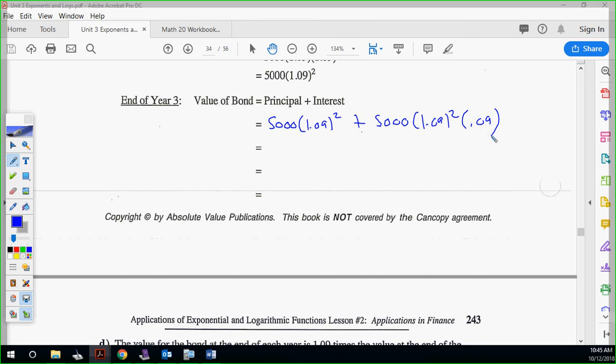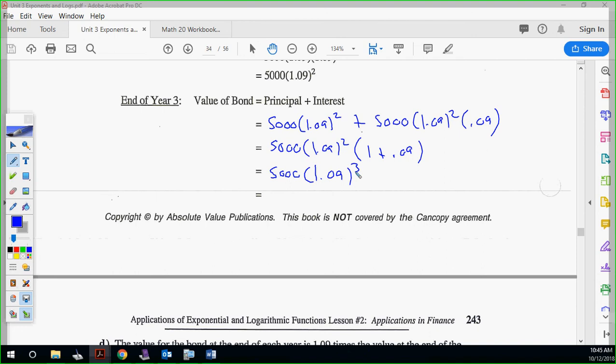And again, you pull out the 5,000 times 1.09 squared, and then you have 1 plus 0.09 again. I don't think you need the 4th step here. You get 1.09 cubed, because you have 1.09 and that's another 1.09. So for 3 years, it's principal times 1 plus the rate, cubed.